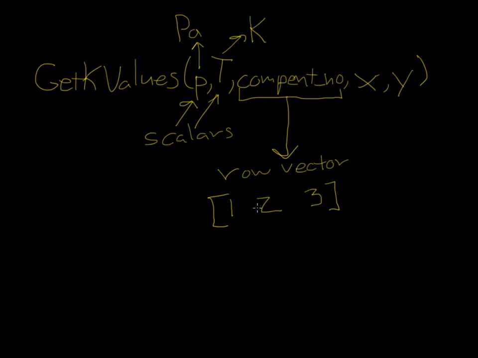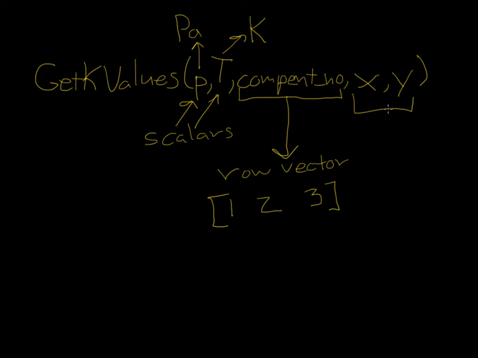If you want to look at these three components, then you enter a row vector containing the integers 1, 2, and 3. Just have more elements in this row vector if you want to look at more components. And again, these numbers correspond to a database, and we'll look at how you look up which chemical corresponds to which number in a second. All right.